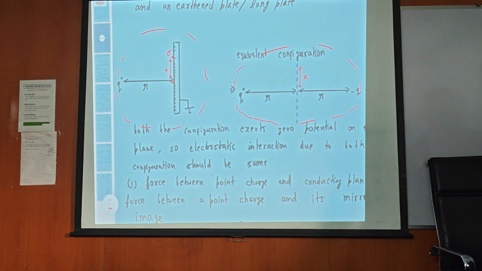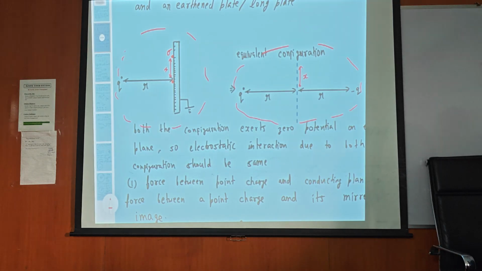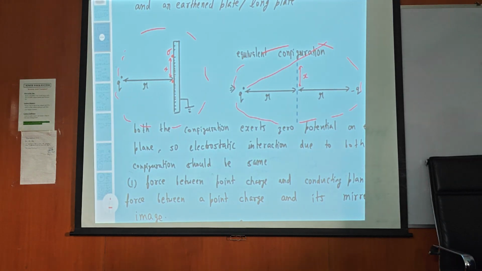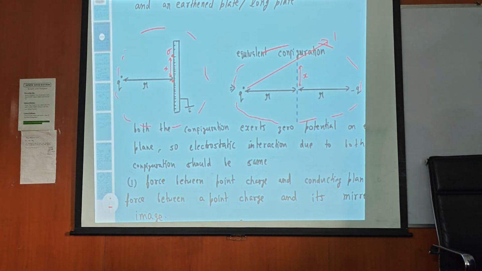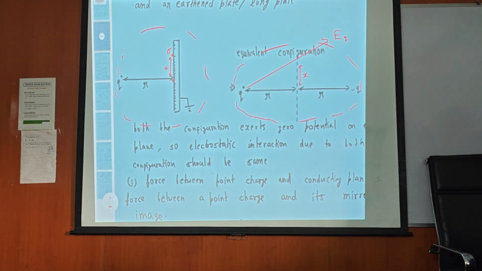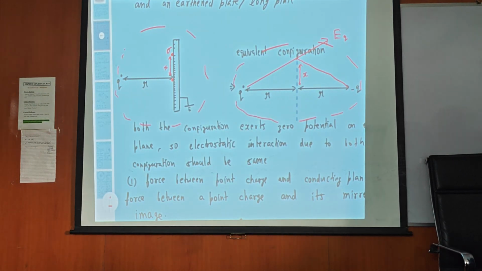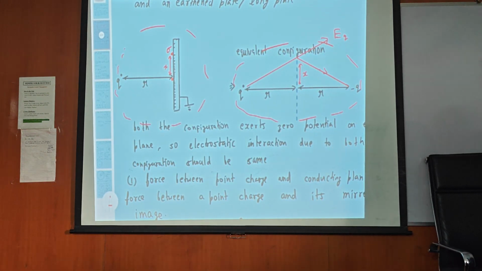This Q charge will have an electric field component like this, and the electric field due to minus Q charge should be along this direction, with magnitudes being equal. Their horizontal components we have to add. Suppose this angle is theta.